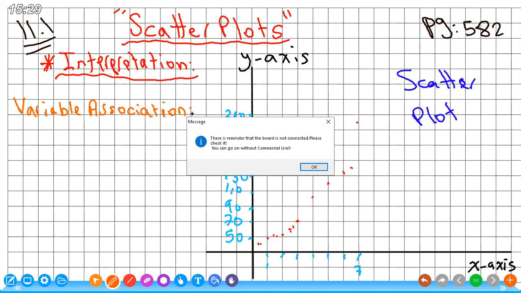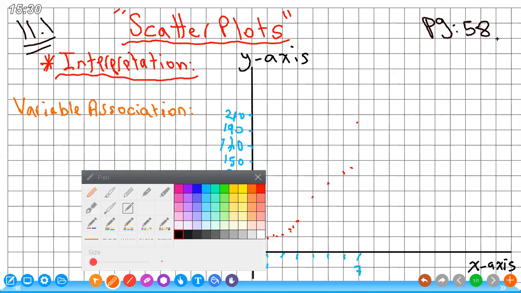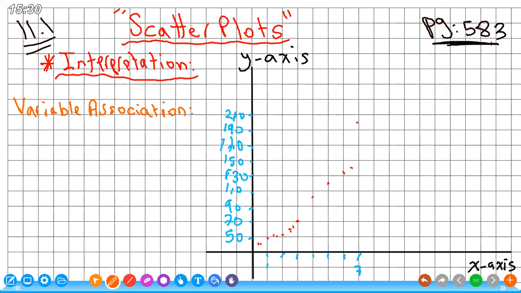Guys, this is on page, how much? Also page 583. It's very important. This is an explanation for whatever I'm going to discuss.